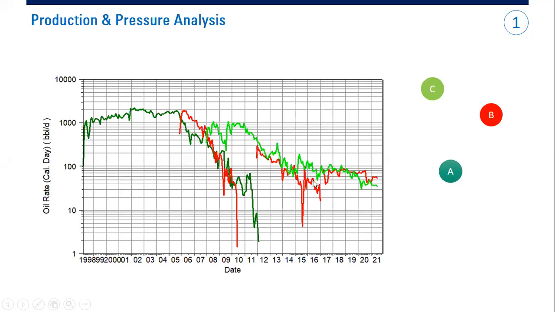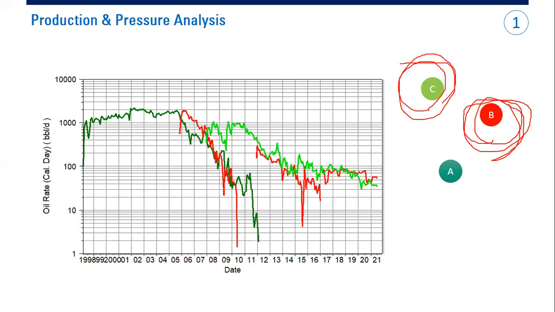And lastly, they produce with more or less the same decline rate, which means that there is no production interference between B and C. So maybe B produces oil from this area, and maybe C from this area. There is no production interference between them, so that's why they have the same decline rate. There is no production acceleration, there is no production interference.